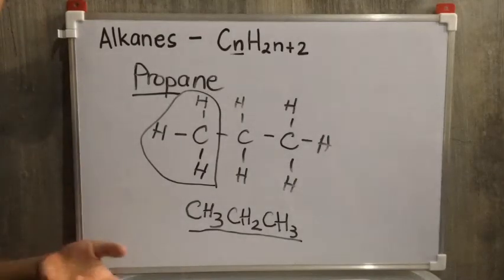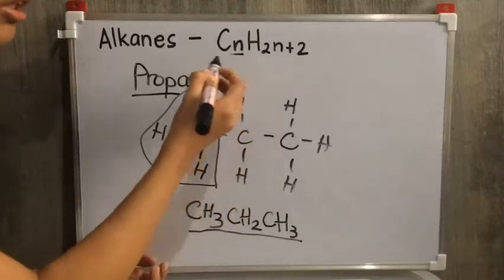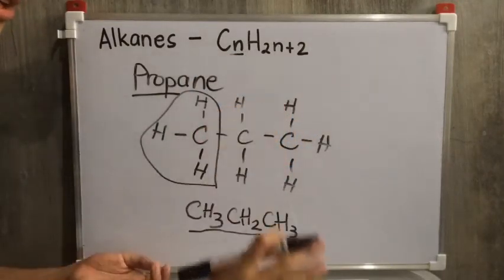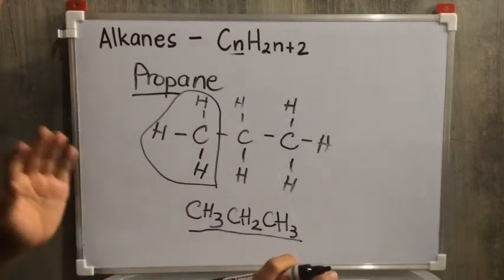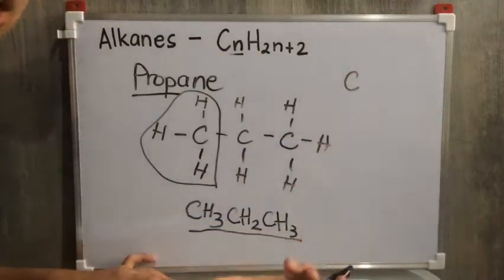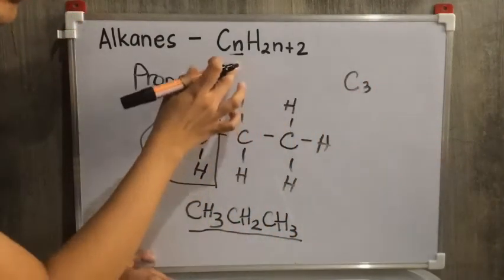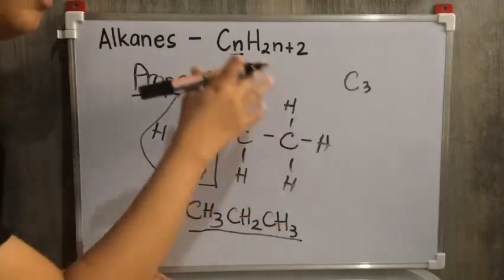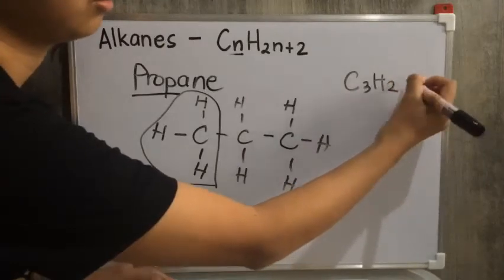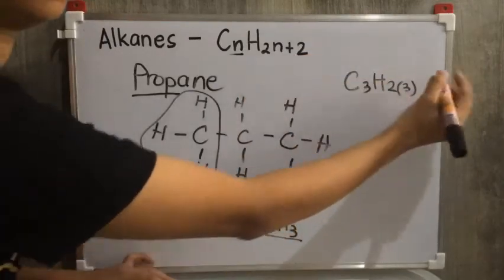Okay, how about if I ask you what is the general formula of propane? You see here our formula, CnH2n plus 2. If I ask what is the general formula of propane, you write C. How many carbons? 1, 2, 3. 3 carbons. Remember that n stands for the number of carbons. Next is H, 2n. 2 multiplied to the number of carbons, 3, plus 2.